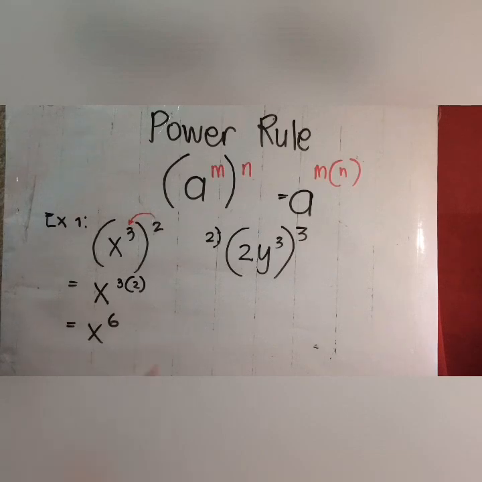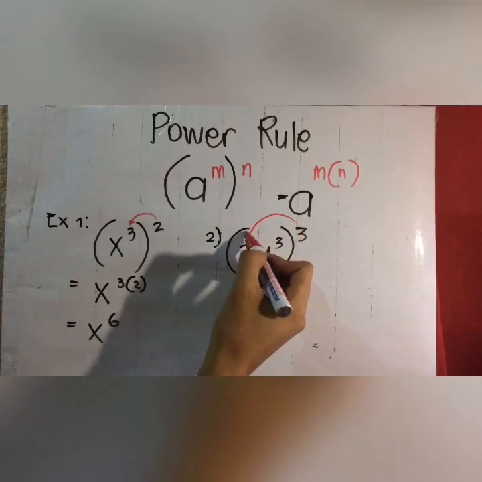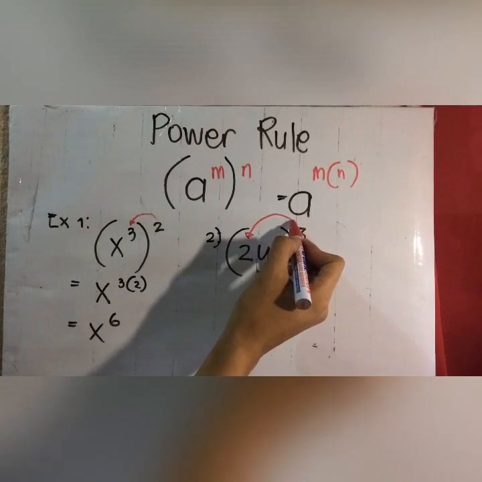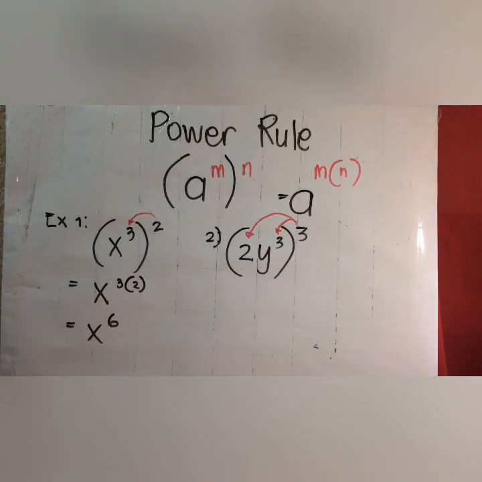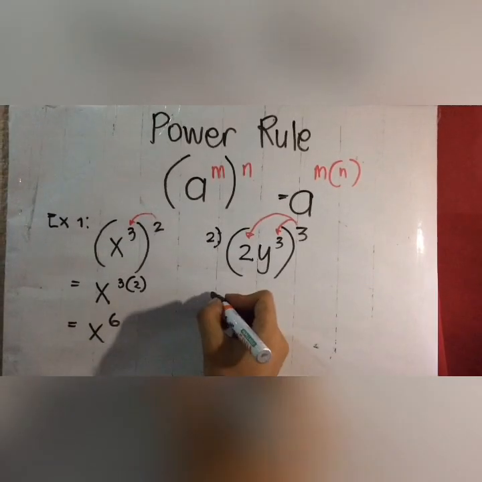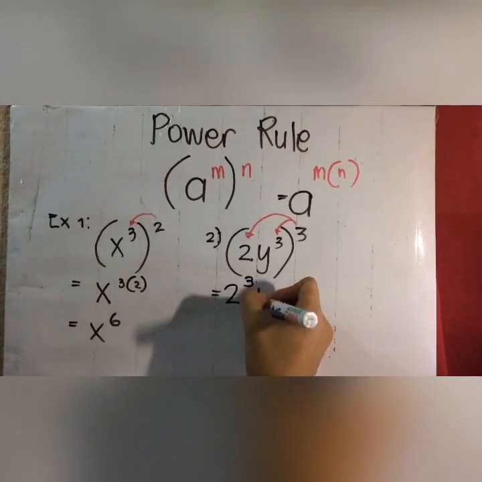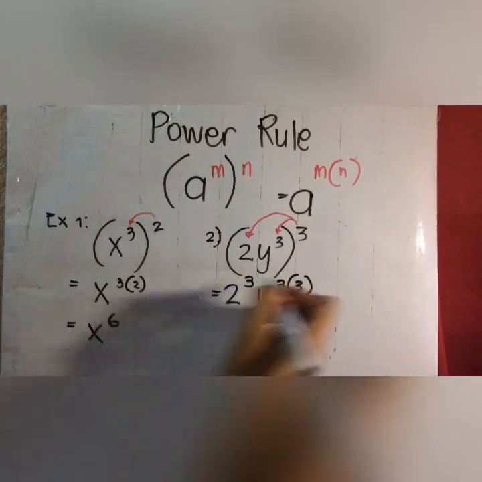That means the power 3 distributes to our coefficient and the power 3 distributes to our exponential expression. So that becomes 2 to the power of 3 times y to the power of 3 times 3.